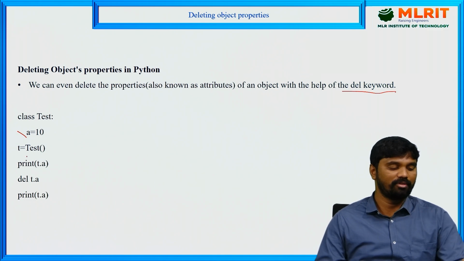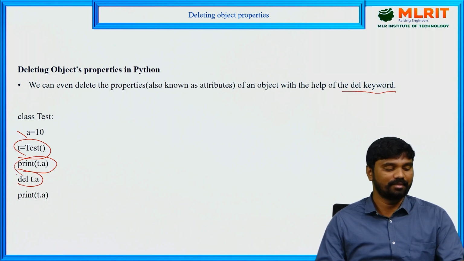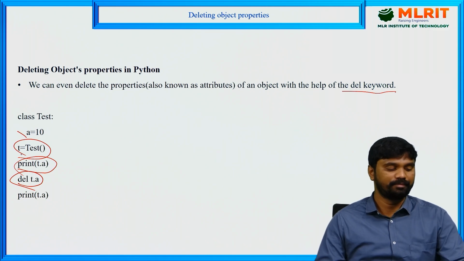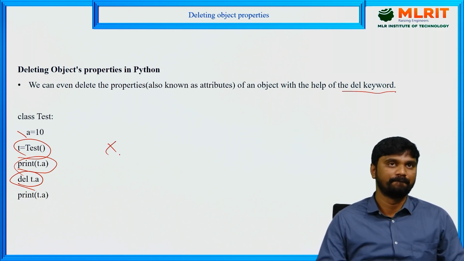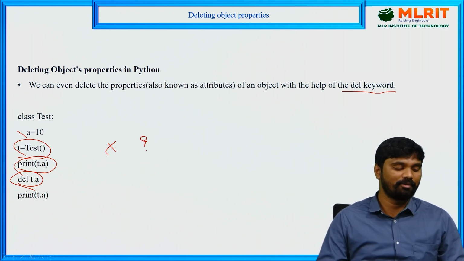Now t equals, by using that object, first I call and print that value. After deleting that attribute or object property, what is the object here? First of all, what is the object? t. And what is the property? a, right? So that property we are going to delete.